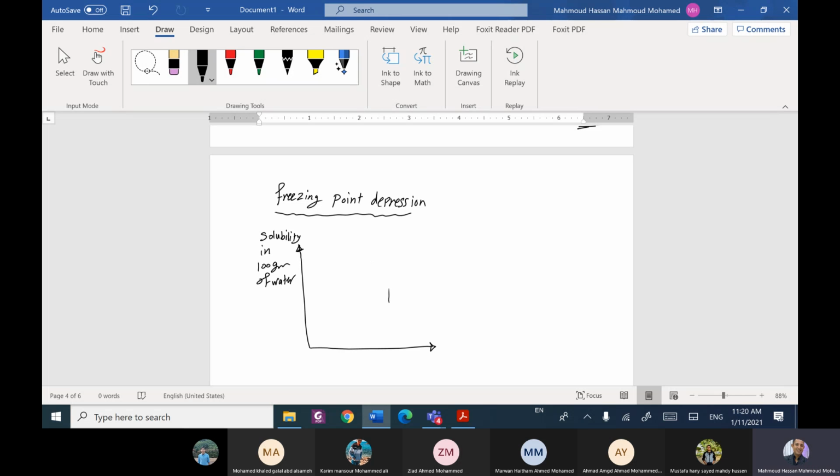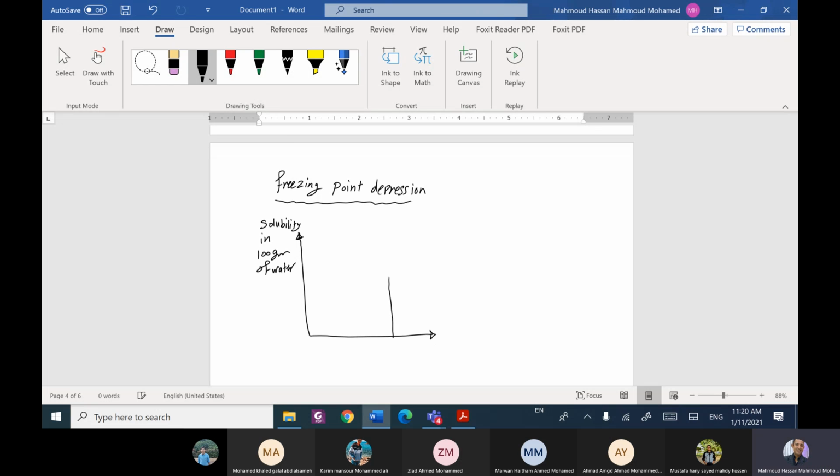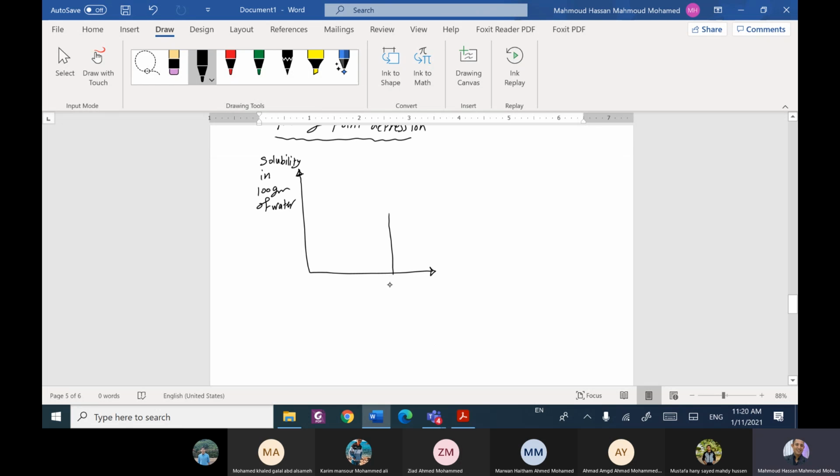We'll find this represents 100 degrees Celsius, the normal atmospheric pressure, and this represents the TB.